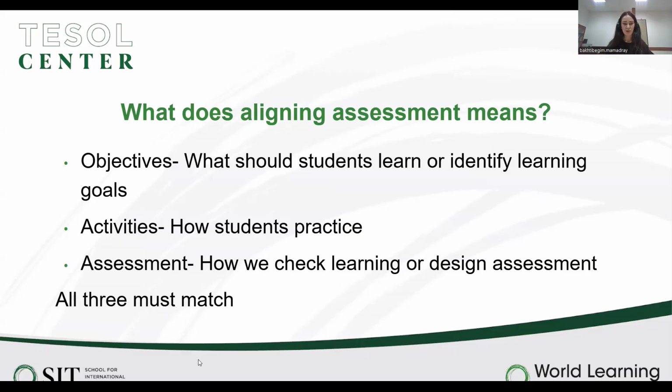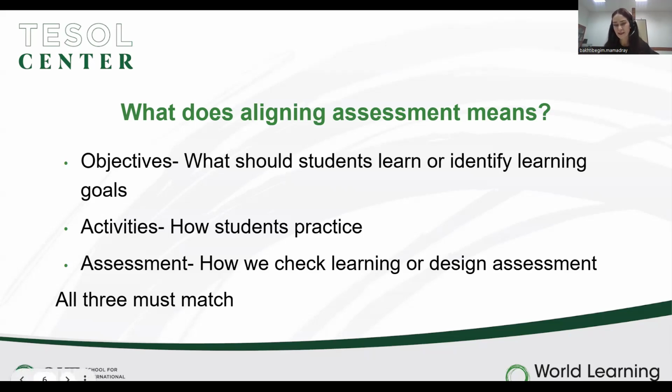Objectives: what students should learn, or identifying learning goals. Activities: how students practice. And it is the main point, however, students learn more through activity. And assessment: how we check our learning, or design assessment. And all three are important.